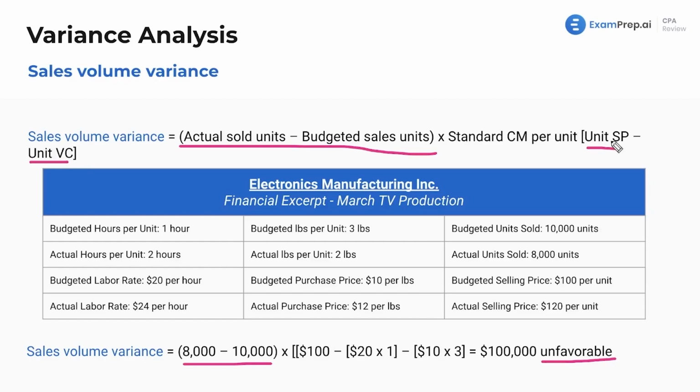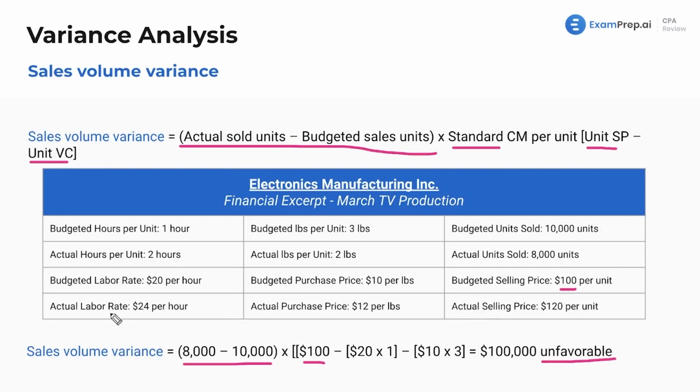It's your profit margin essentially. Well, selling price right here, $100, and it's standard, right? So we're using the budgeted amount, $100 per unit. And then we got to look for all our variable costs here. Okay. What would those be? Well, that would include variable overhead, variable direct materials, and then direct labor.